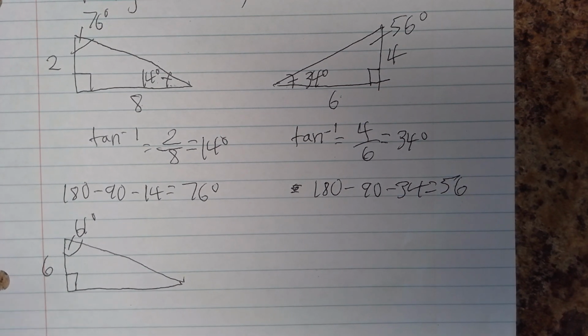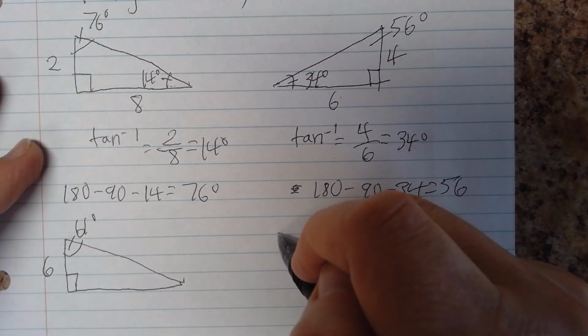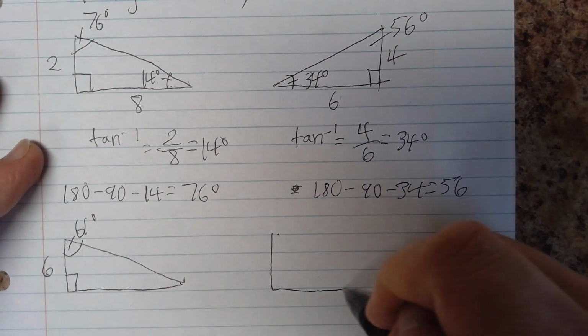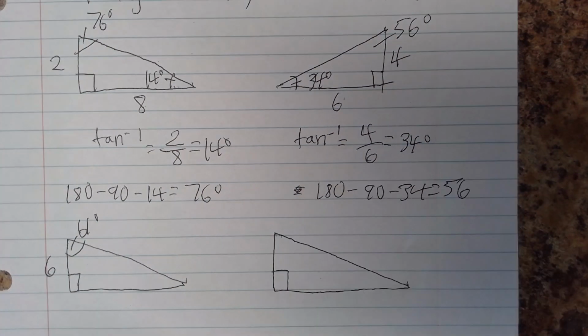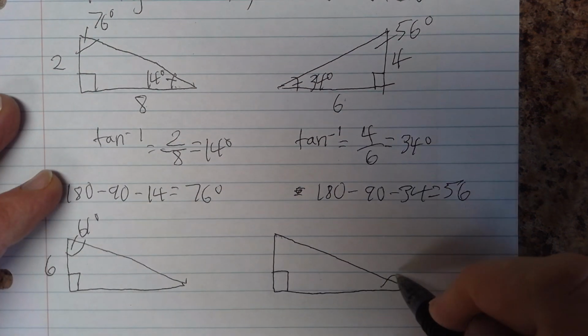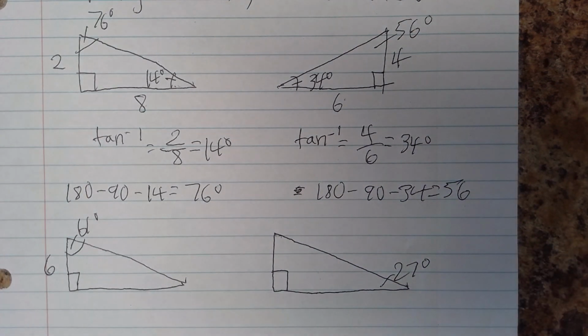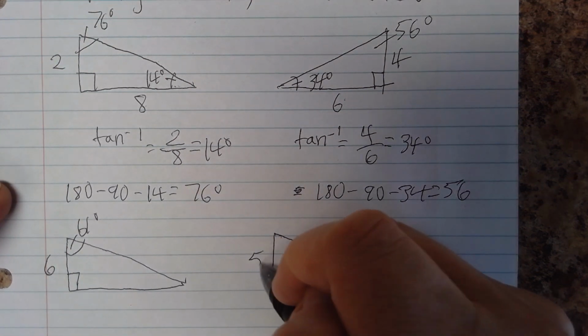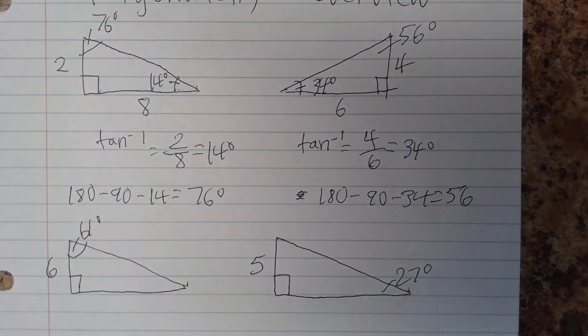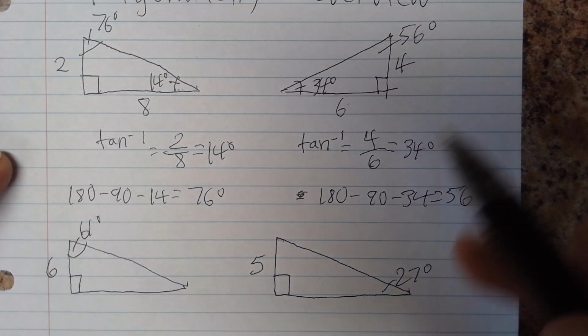And let's do another triangle. Might as well sketch them both and then work our way through. Right triangle with this time a 27-degree angle down on the tip, and a right angle, and the short side on this one 5. So what we want to do here is use tangent to solve for unknown sides.